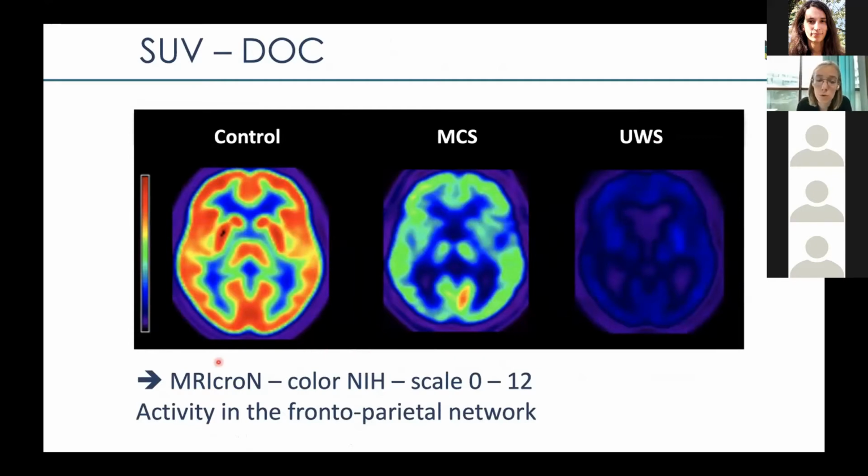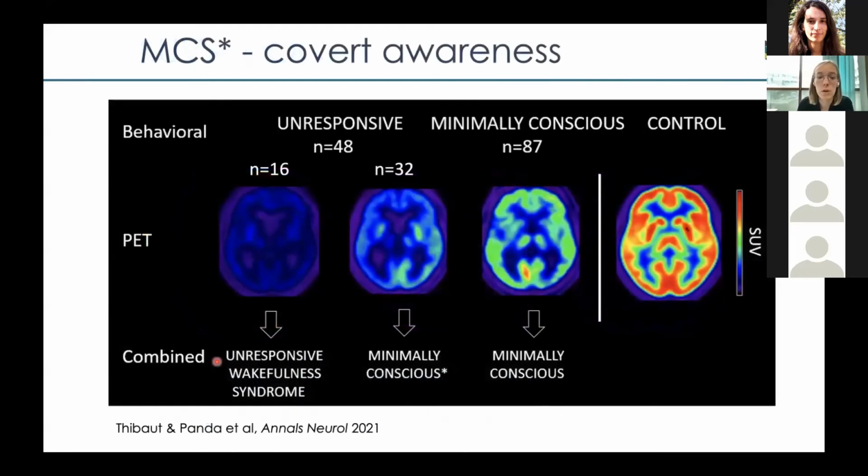And so that's true at the global level, but we know that we have to consider more specifically the glucose uptake in this network, that is the frontoparietal network. So that's what Aurore Thibault and Rajanikant Panda, two colleagues of the team, have shown in a recent paper in Annals of Neurology.